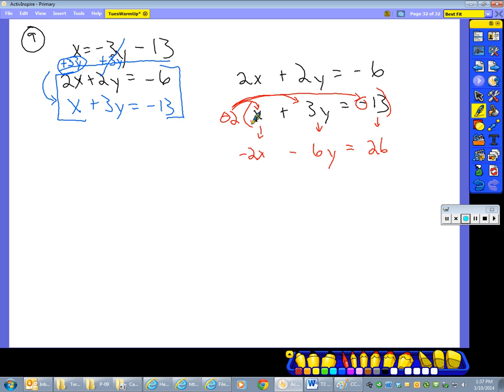That's right. Okay, so now what I'm going to do, I'm going to bring this second equation, line it up so you can see how they cancel. So plus 2y equals a negative 6. Alright, what happens whenever I combine a negative 2x and a negative 2x, Kyle?